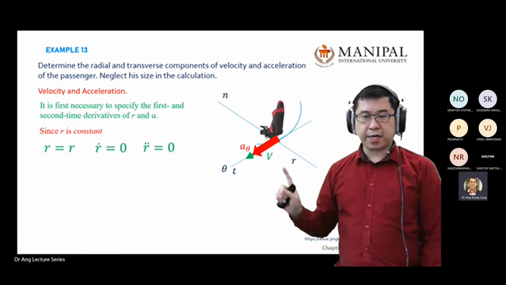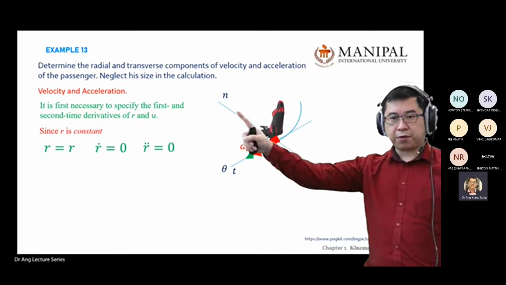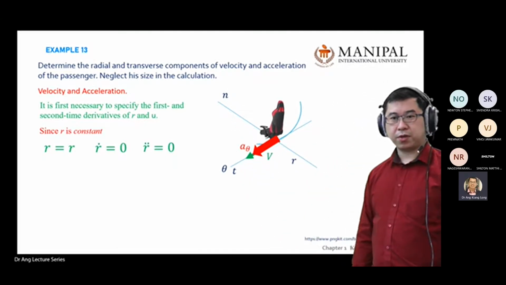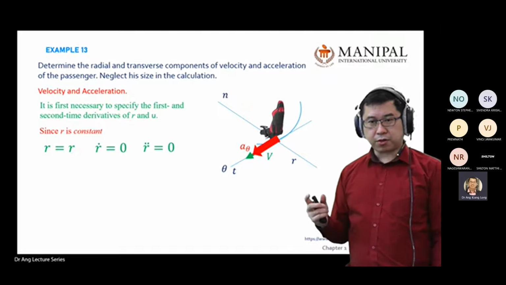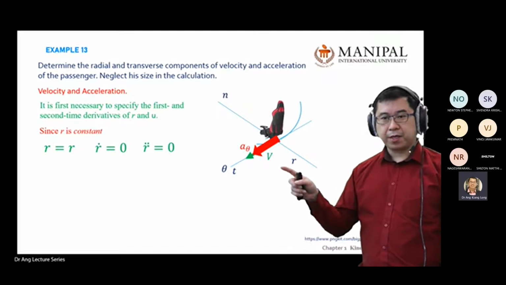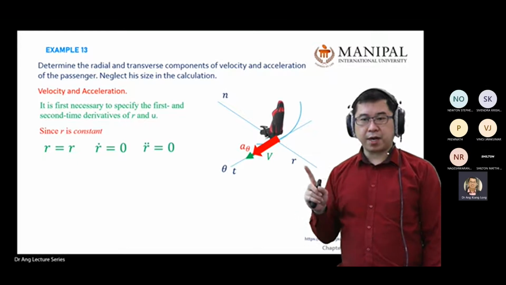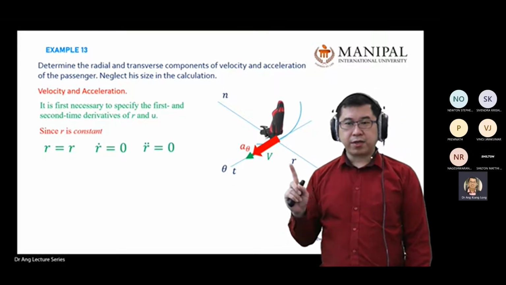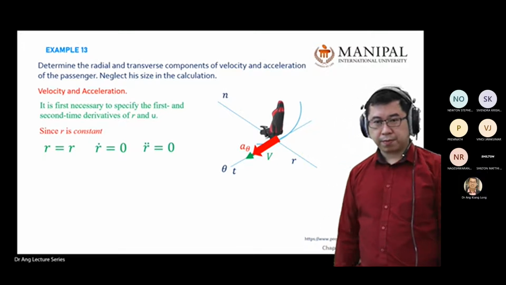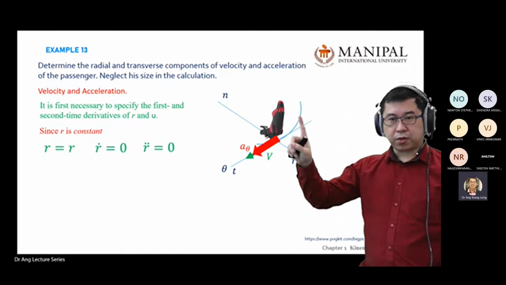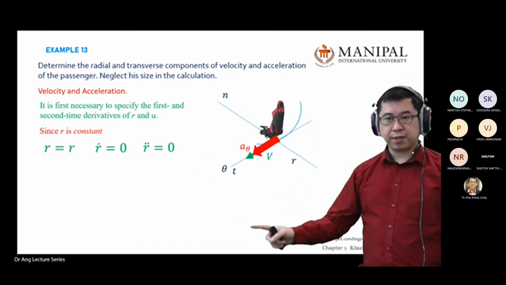So on your schematic diagram, this is the basic information that you should have in your answer, right? First, you have to define your coordinate system. We give you the r and theta, radial and transverse axis. Then give us the path of your object.